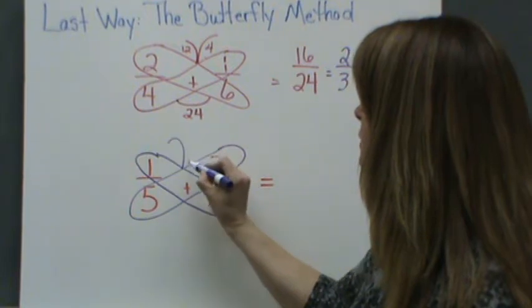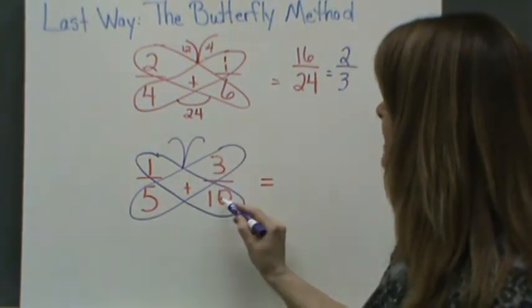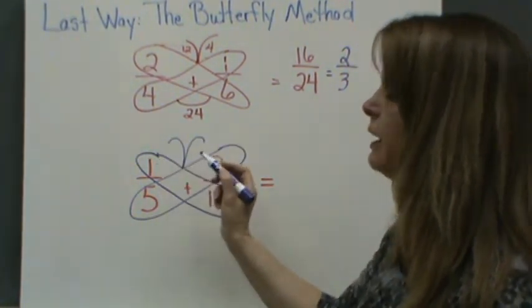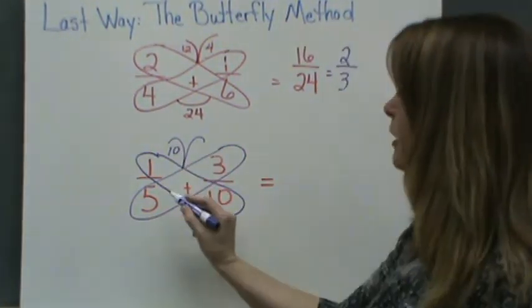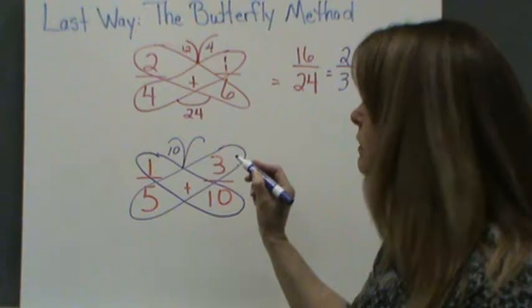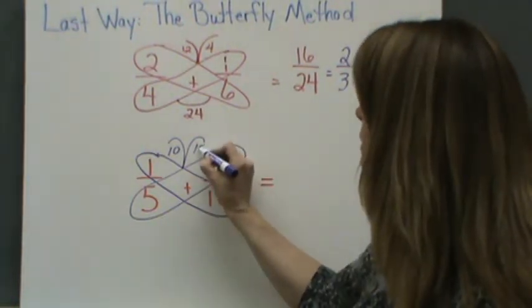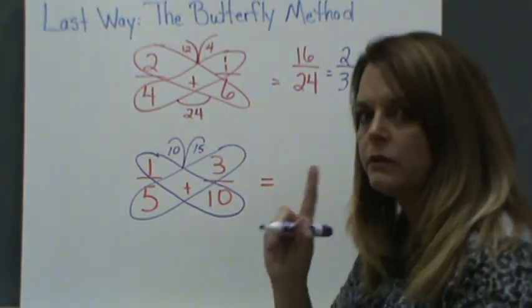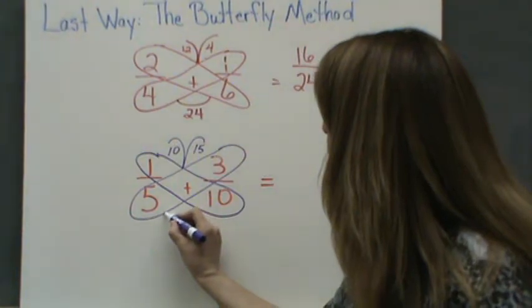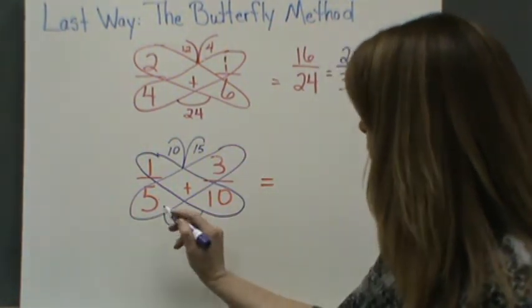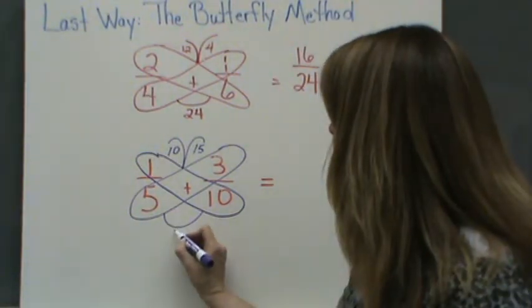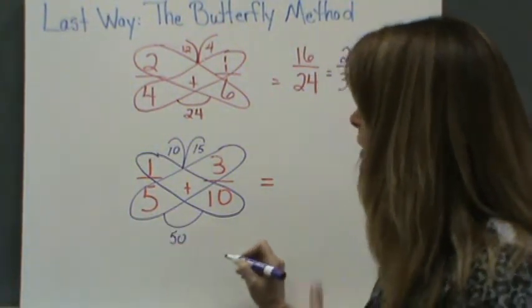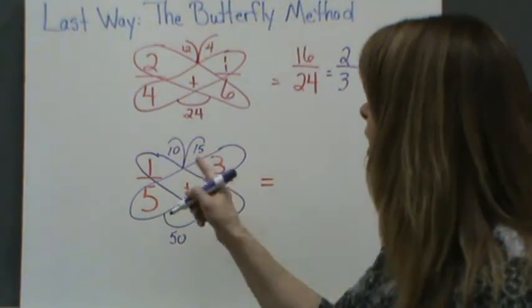Remember the antenna. 10 times 1 is 10, so I'm going to put that here. 5 times 3 is 15, so I'm going to put that there. Got to have the tail this time because we're adding fractions. 5 times 10 is 50. So now I just have to come across and add.